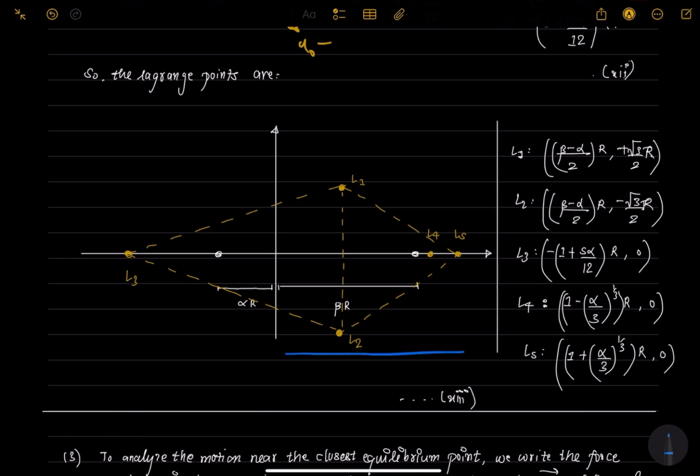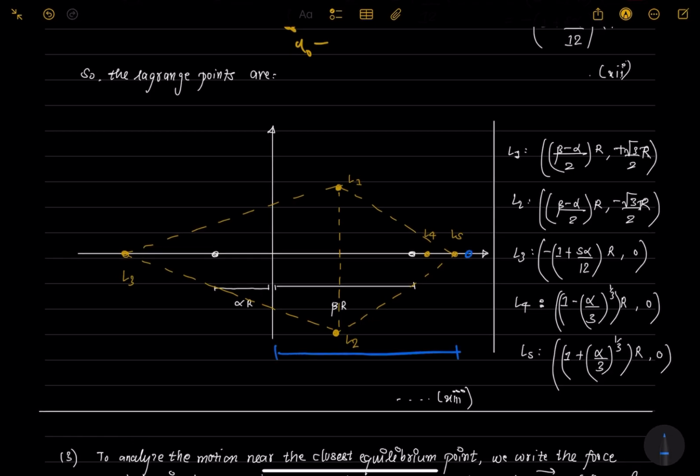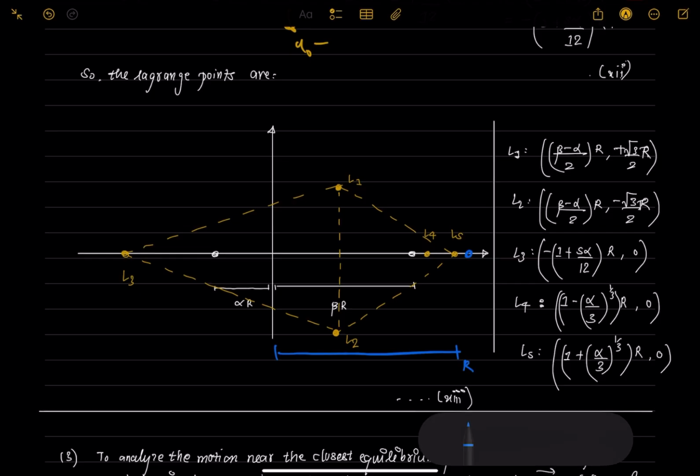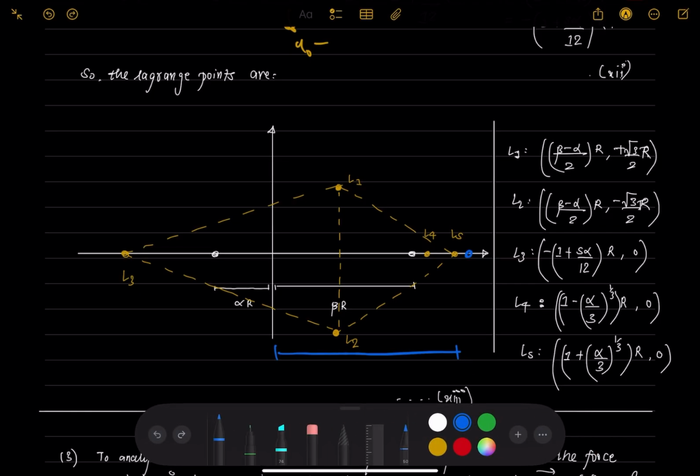So let's say that we've got r to be somewhere around this place. It has to be between L4 and L5. Then subtracting something is going to yield something that's closer to the mass than adding something to r, right? So that's why I've considered L4 to be the closest point.